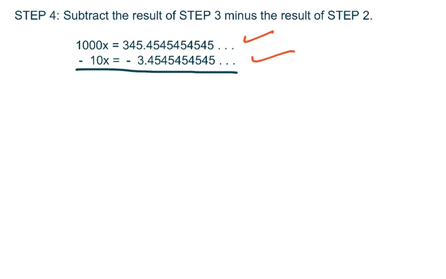And because those 4-5s go infinitely far to the right, all of that will subtract off. Everything to the right of the decimal place will subtract away. All that's left is 345 minus 3. And that would be 342.